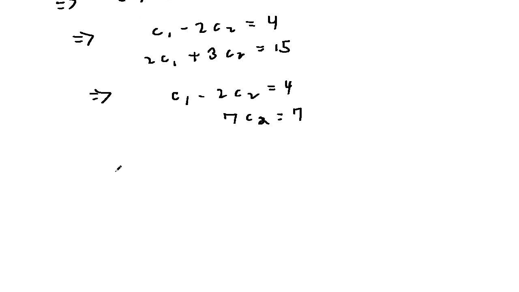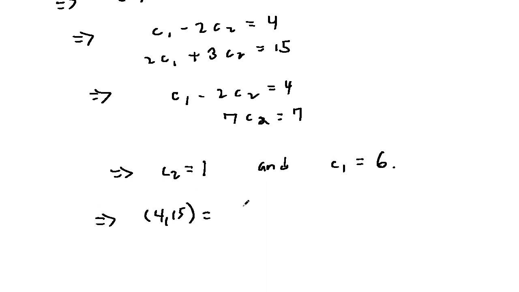And so we get C2 equals 1 and C1 is equal to 6. Okay, so 4, 15 is equal to 6 times the first vector plus 1 times the second vector.